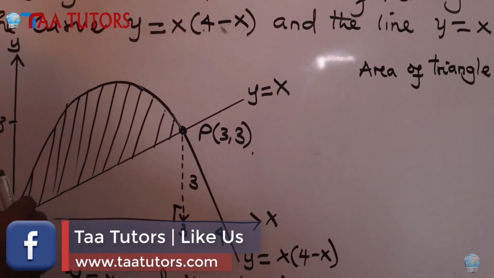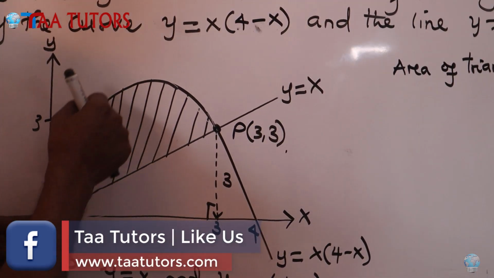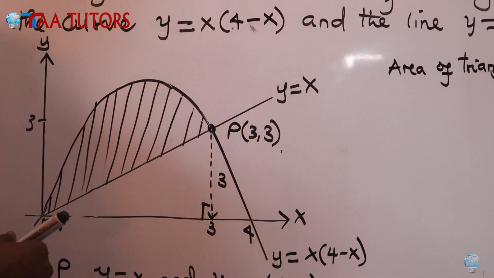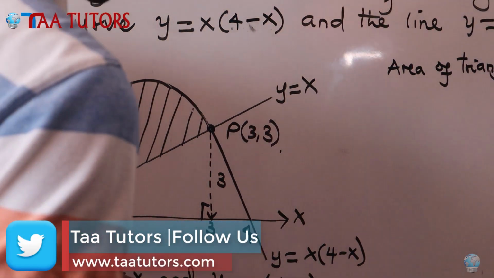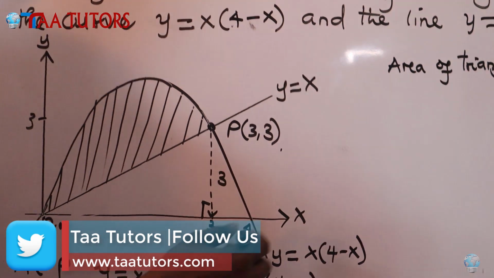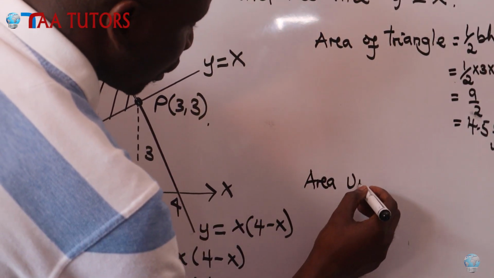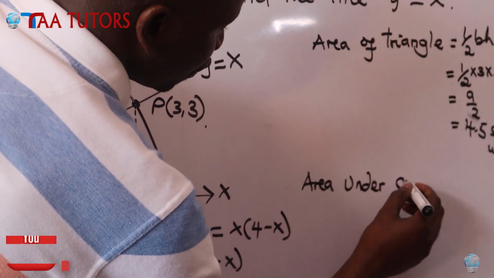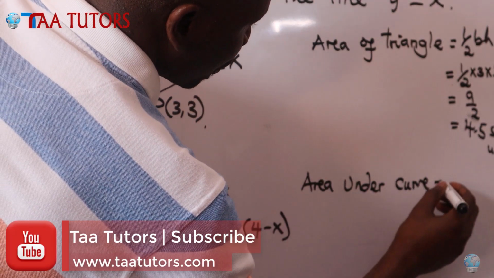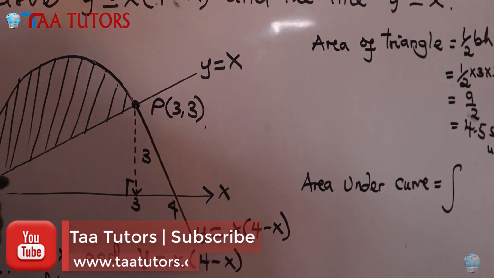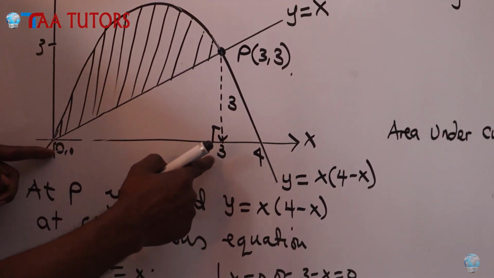Now I want to get the whole area, from the area under the curve, which is going to be everything, including the area of the triangle, and that one cannot be calculated by any method other than integration. So the area under the curve will be, we integrate with the limits 0 to 3.